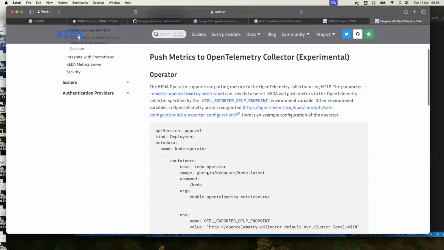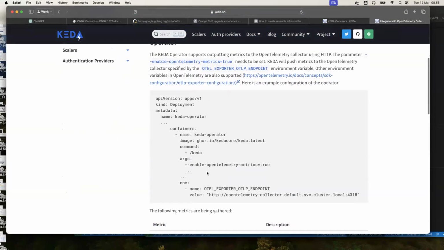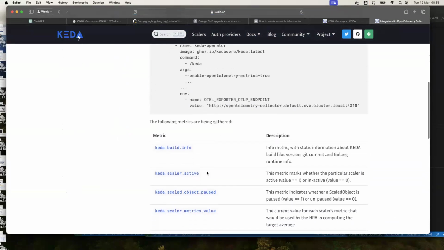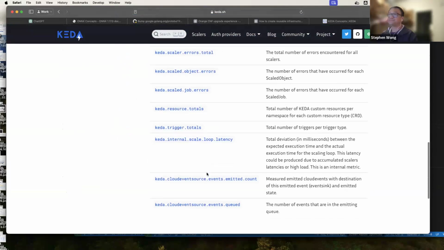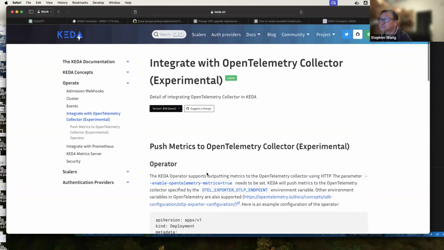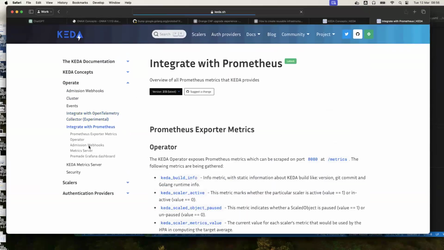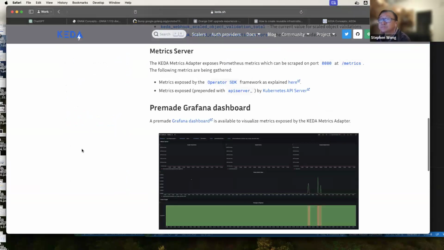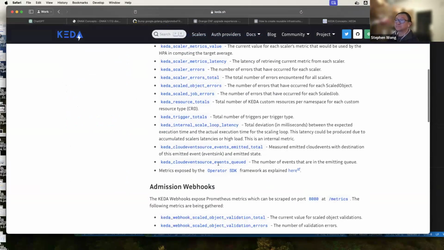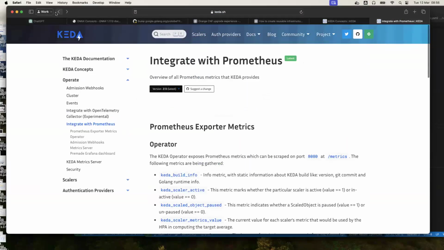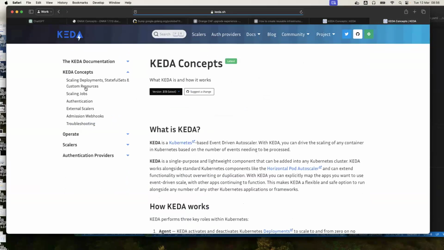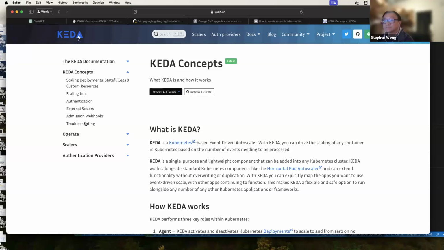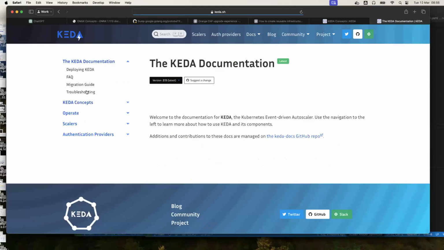Here, integrating with OpenTelemetry. You see, you get all of the stuff out of the box. That's why I'm saying integrate with Prometheus. You get all of that out of the thing, you don't need to do much for it. Plus, you see how they are consuming it.